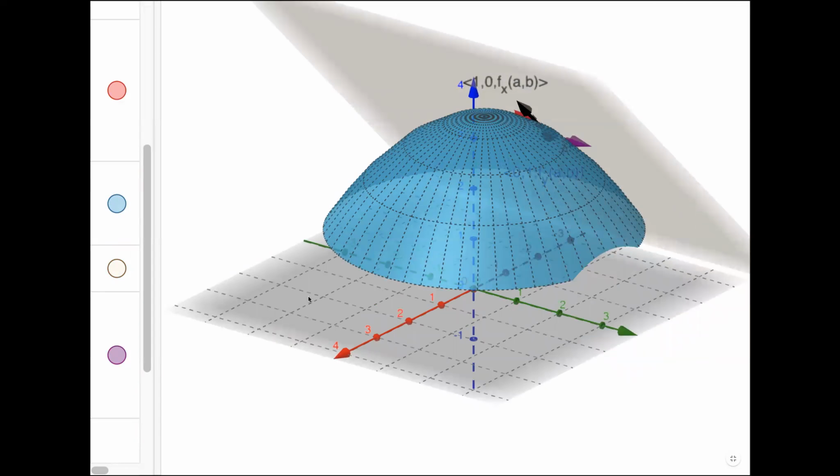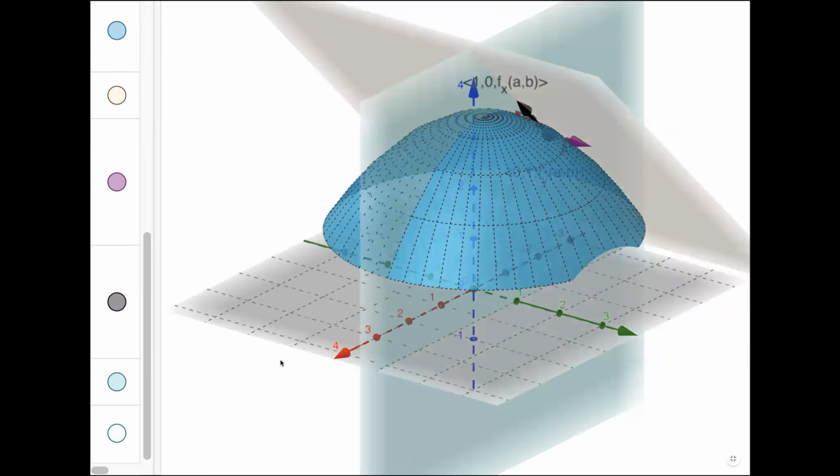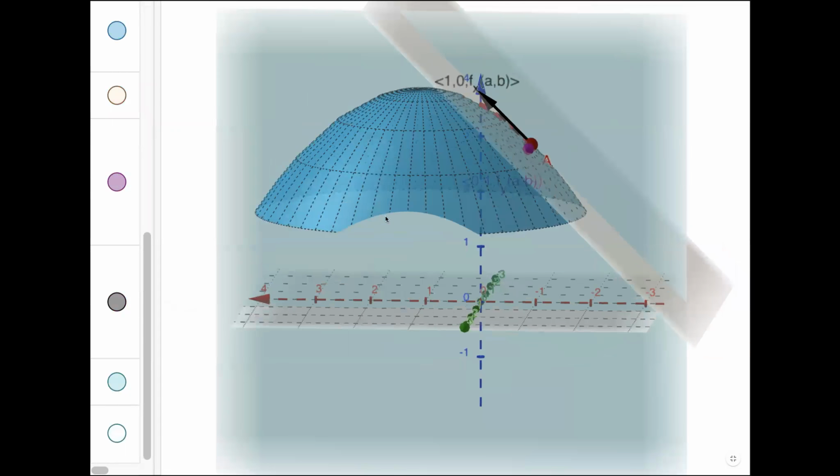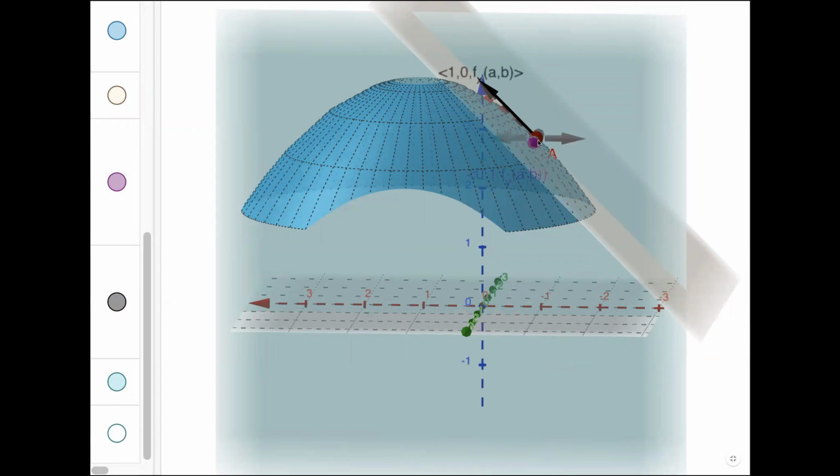The red one is the x direction, and let's find a plane that is parallel to the x direction and goes through our point A. So the plane that is parallel to the xz plane is going to have a cross section on the graph of the function, which is right there, and then you can find the tangent vector on that cross section.